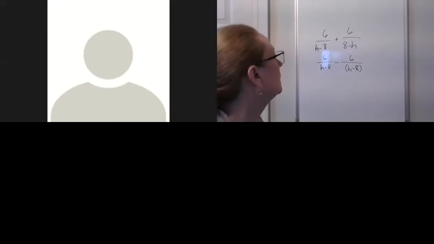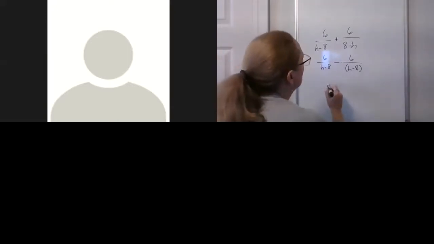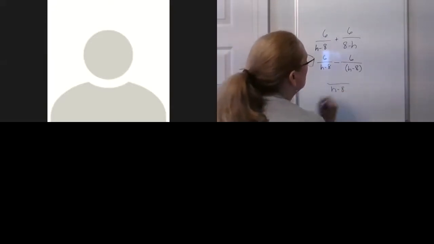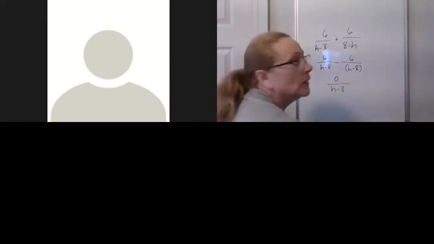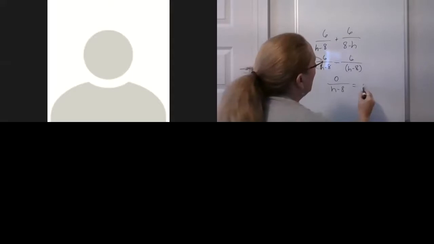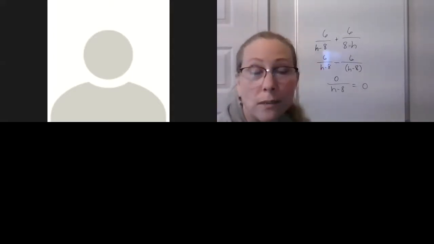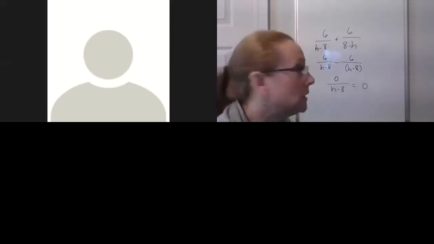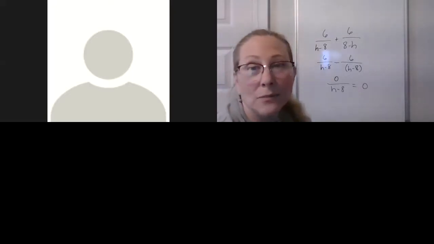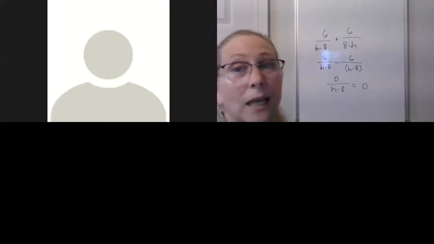And now we're ready to combine our like terms. We have h minus 8 at the bottom. 6 minus 6 is 0 at the top. And anytime the numerator is 0, then that means that the number is 0. If the denominator was 0, it would be undefined. But if the numerator is 0, it is 0.